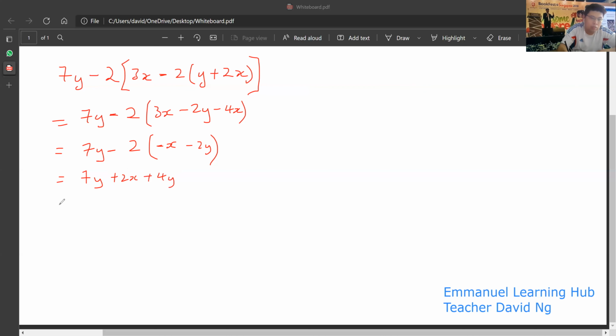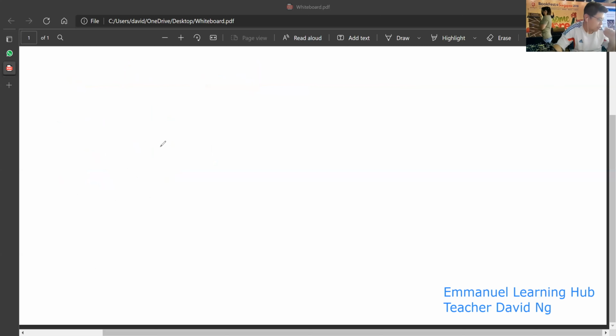Yes, equals 11y plus 2x. Yes. Okay, you simplify lah. It's like that. Is it easy? Easy, right? But you need to do it carefully. Yes, you are right. Need to do carefully. One small mistake, you are wrong already.